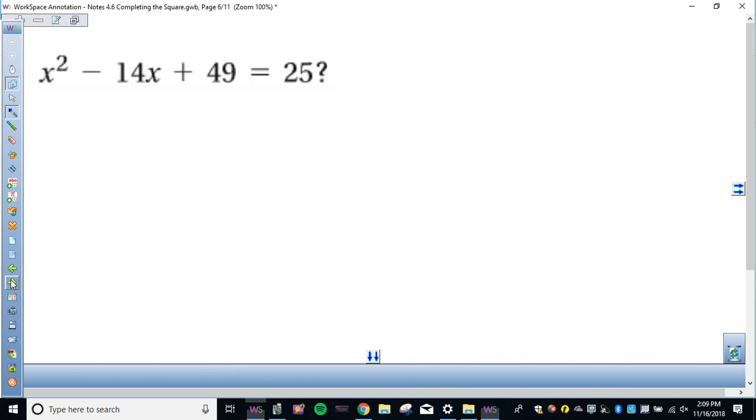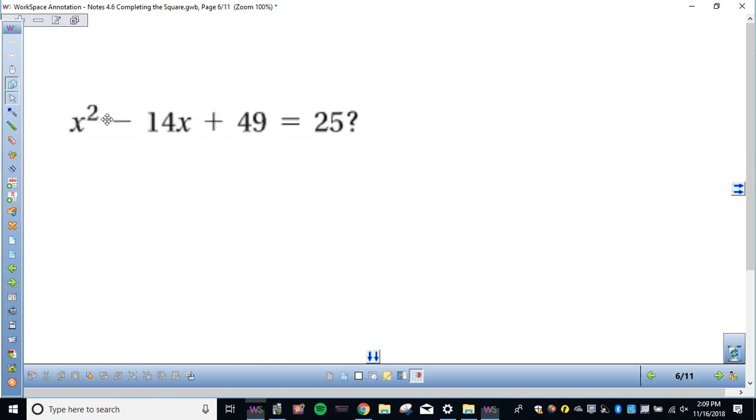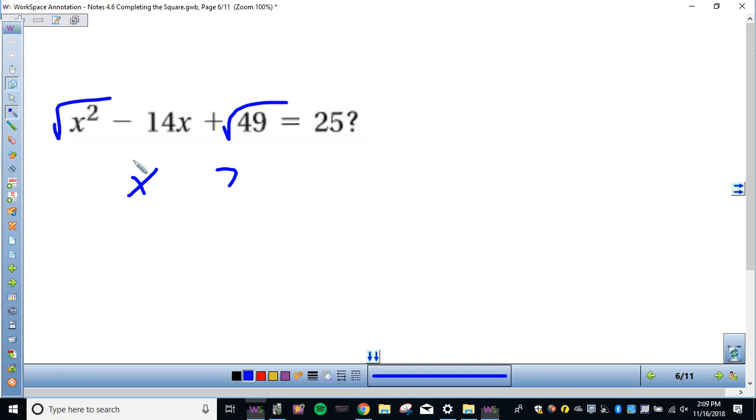Okay, so one more of that type, x squared minus 14x plus 49. Again, you're thinking of the square root of the a term and the square root of the c term. So we end up with x and 7.